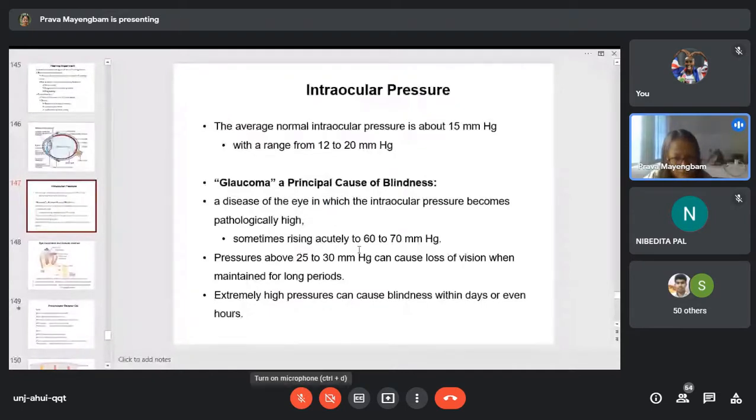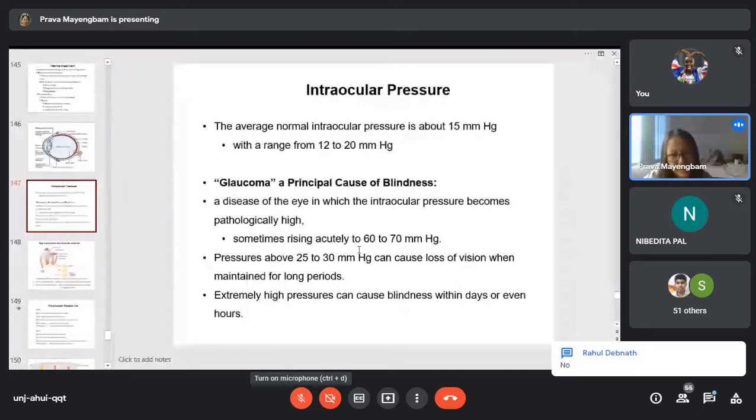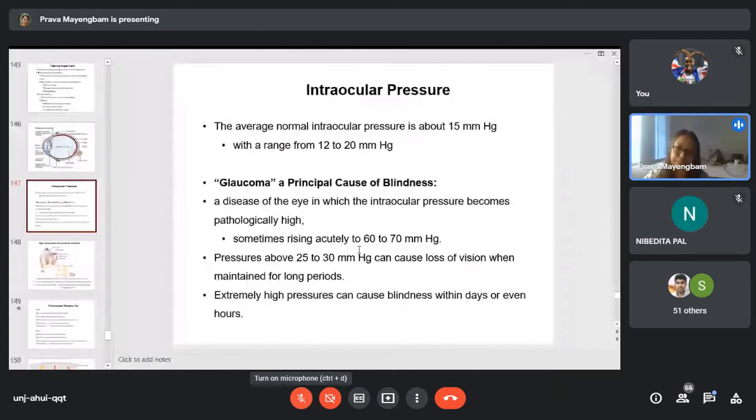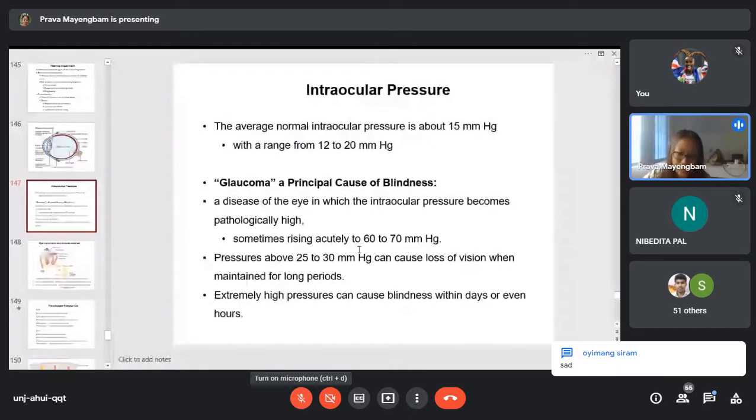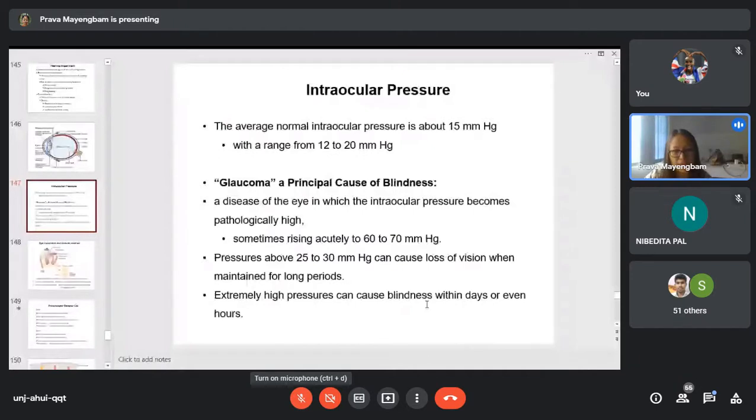Otherwise, if it is not very high, it will take a few weeks to lead to blindness. But if it is very high, there is instant blindness within days or even hours.